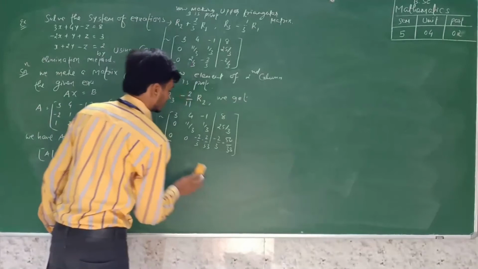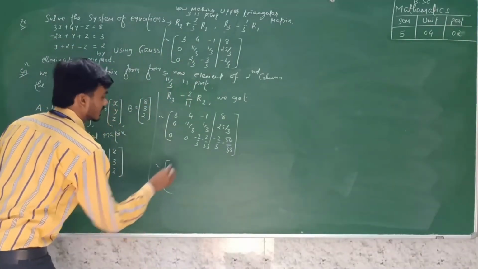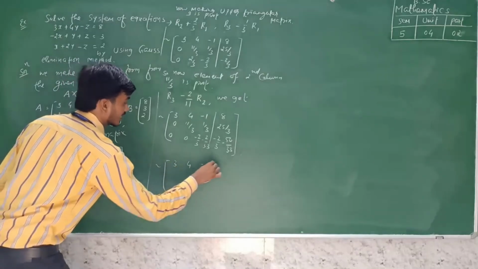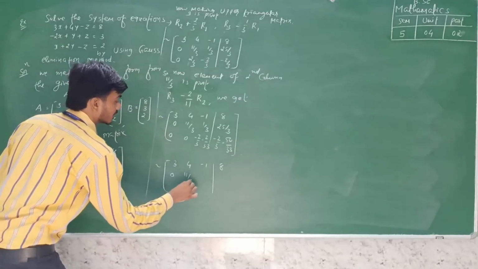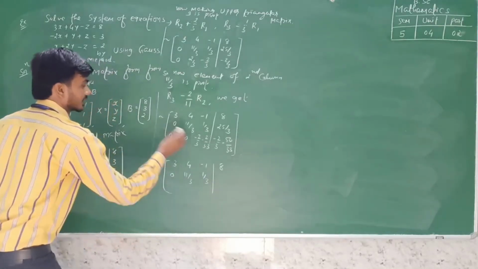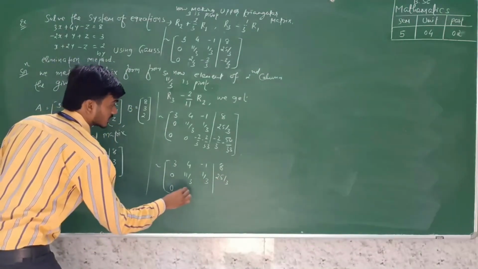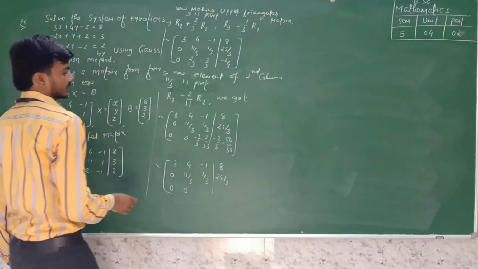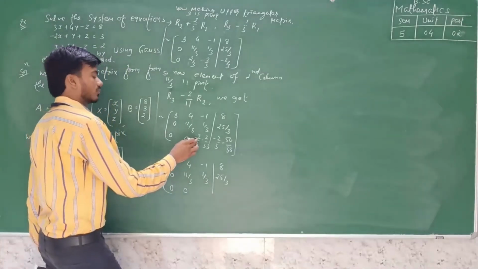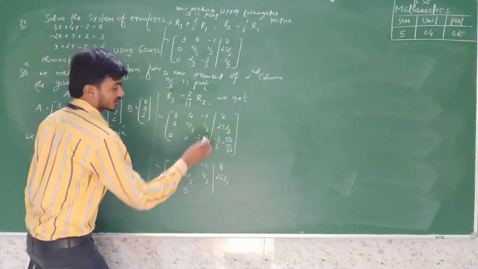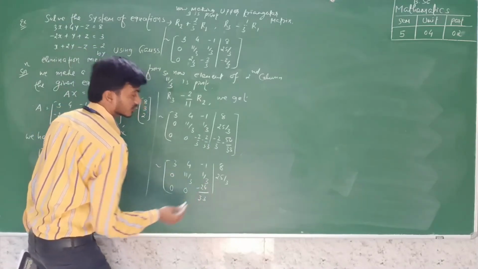Now this expression can be solved, and the simplified matrix form is 3, 4, minus 1, 8; 0, 11 by 3 and 1 by 3; second row, here 25 by 3; third row, 0, 0, 33. LCM 33: 11 into 2 minus 22 minus 2, that means minus 24 upon 33.